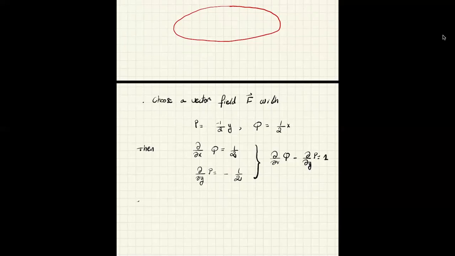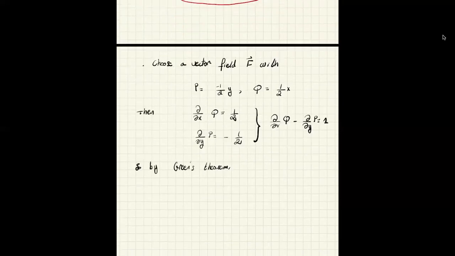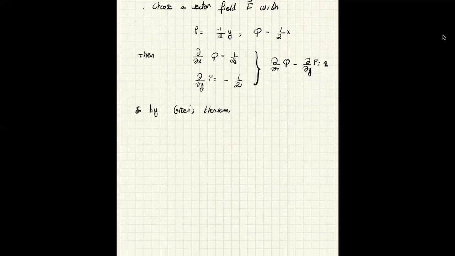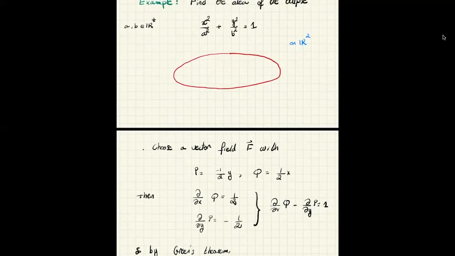So by Green's theorem, the integral over D, where C is the curve that bounds the ellipse, and this is D.